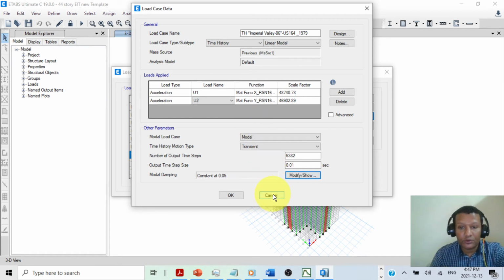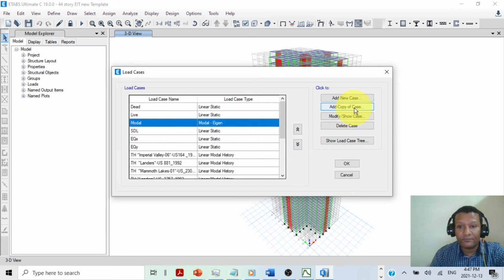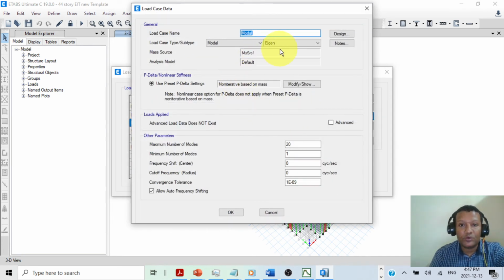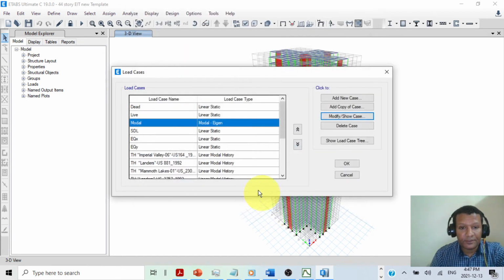And for the modal also, we have here modal, eigen, we choose eigen, mass source, use P-delta analysis settings, and we have 20 modes, minimum number of modes is 1, and maximum we make it 20. So we have modal analysis already.